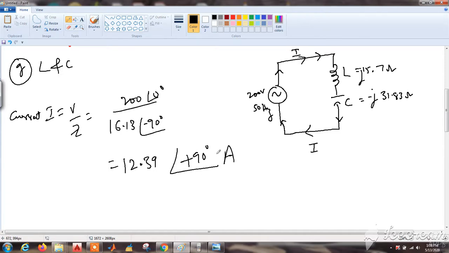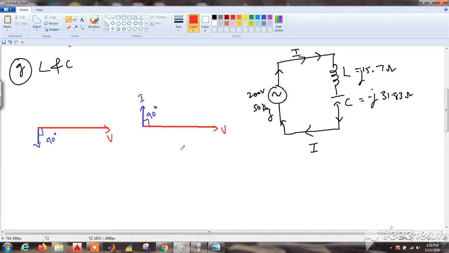As the capacitive reactance is dominating more than the inductive reactance, we get a positive sign at the angle associated with the current, and in turn the angle associated with the impedance, or power factor angle, will be negative. As we have already seen that the power factor is 0 and power is 0, now let us draw the phasor diagram.